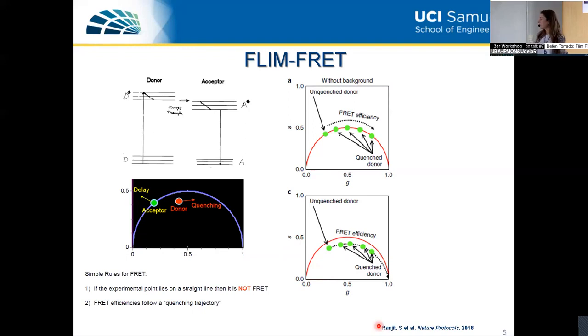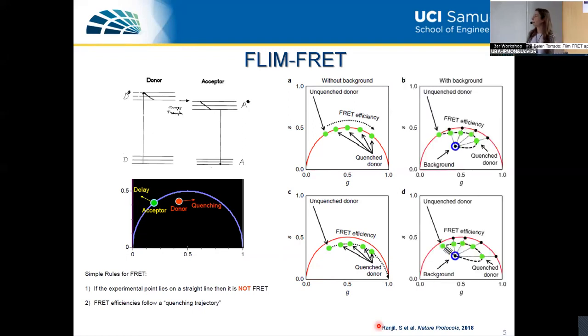But in practice, we also have autofluorescence in the cells, and we have background, and that will modify the trajectory. So in the first case, for example, in the monoexponential case, we see that the points are going to be a linear combination between the autofluorescence and the quenched donor.